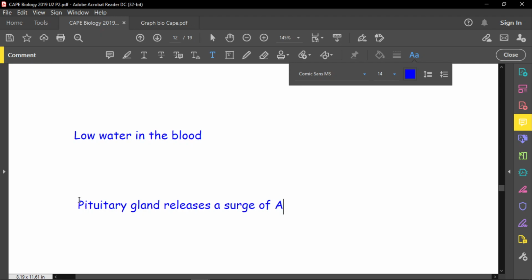And ADH here is what I call anti-diuretic hormone. All right, so it is very important for us to note that.